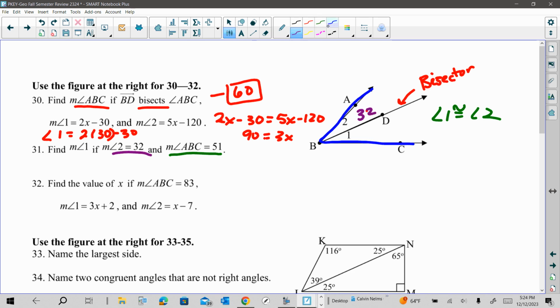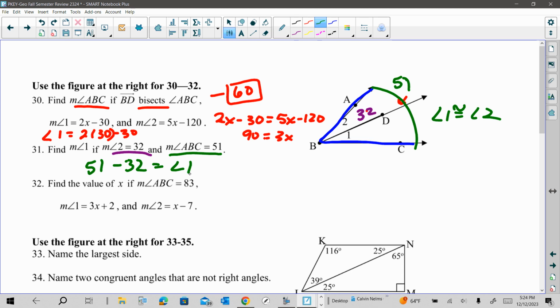If this is 32 and the whole thing is 51, and let's say it's not a bisector anymore, we just know that the whole is 51, then my 51 minus the 32 would give me my missing angle 1. So now we're just subtracting.